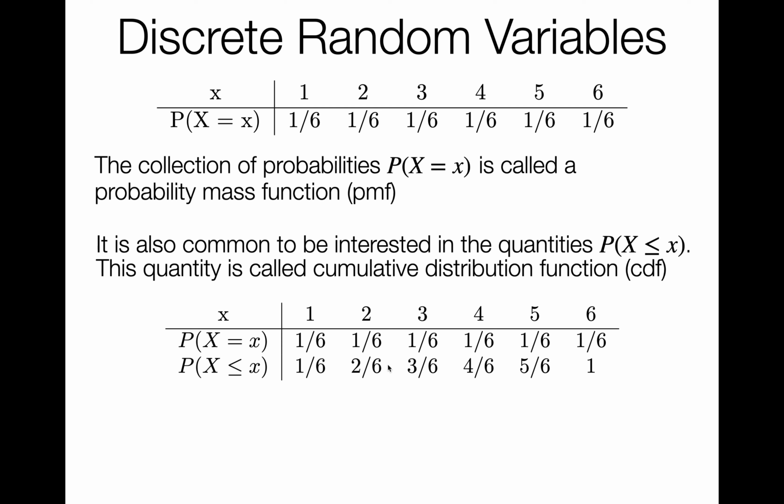Okay, and so the third row in this table is found by adding up everything at or before it in the row above. You'll notice that the first number in the CDF is the same as the first number in the PMF, and the last number will always be 1, okay, because it needs to add up to 1.